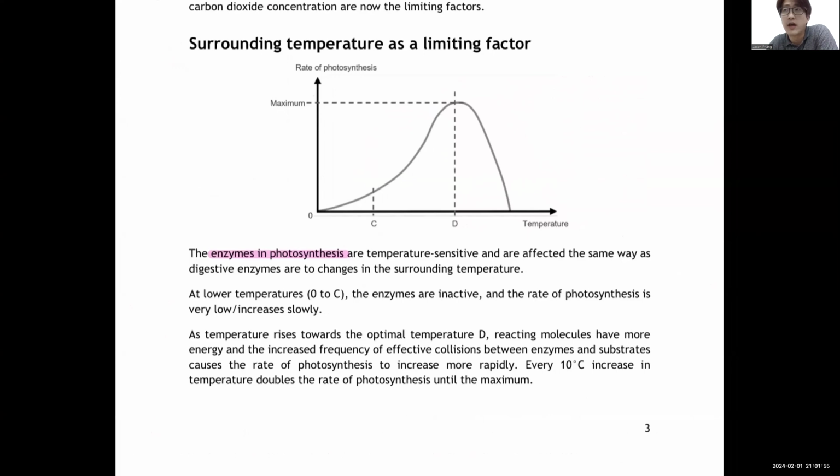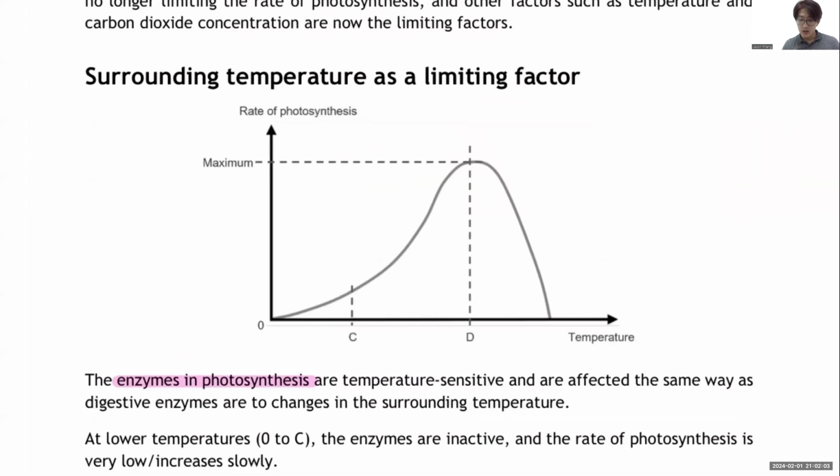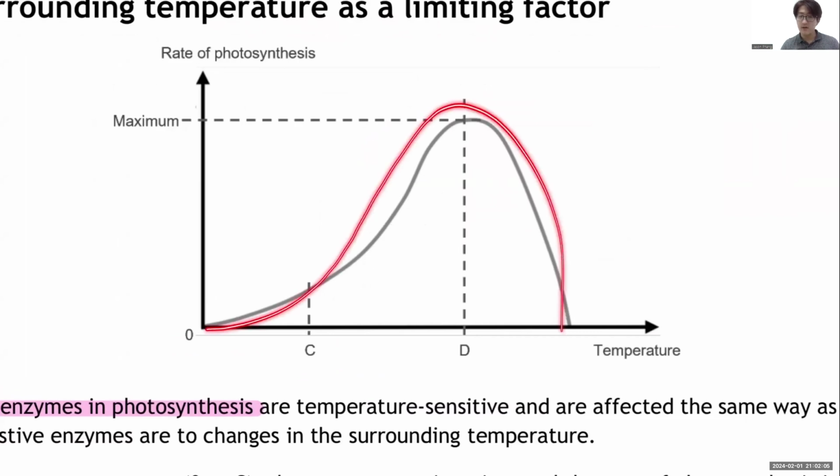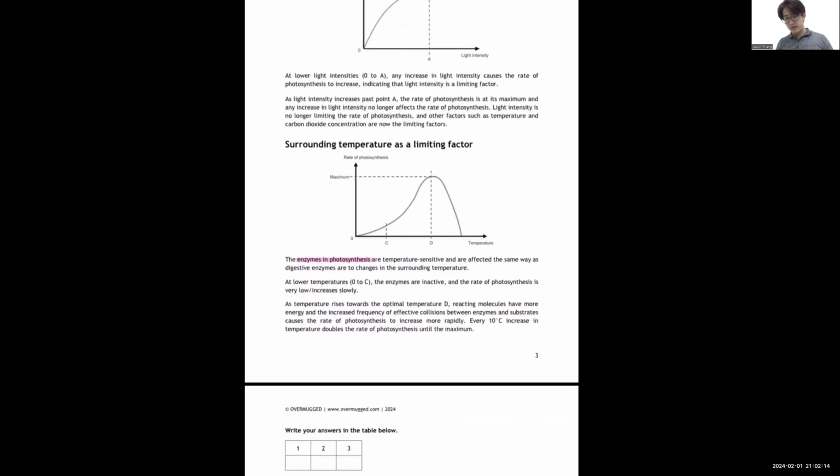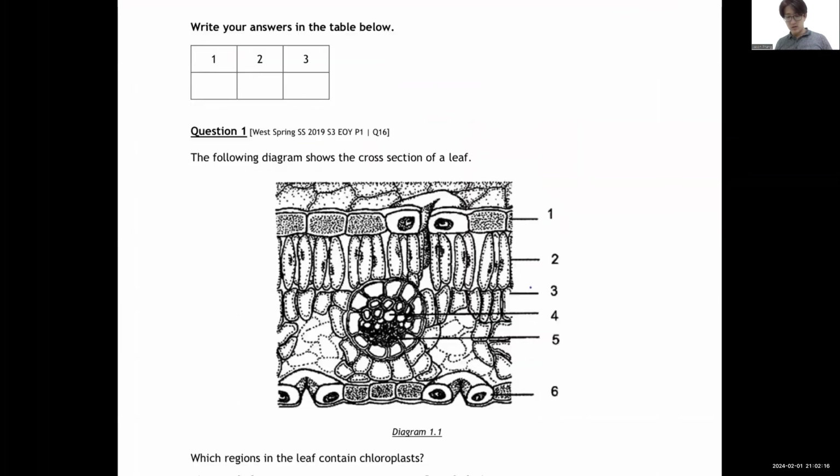And we all learned already, right? Enzymes are affected by temperature. And if you do your revision, you will recall that this is the same shape as the graph for any enzyme temperature graph. No matter what kind of enzyme, it's always this kind of shape. Okay? So therefore, let's go.